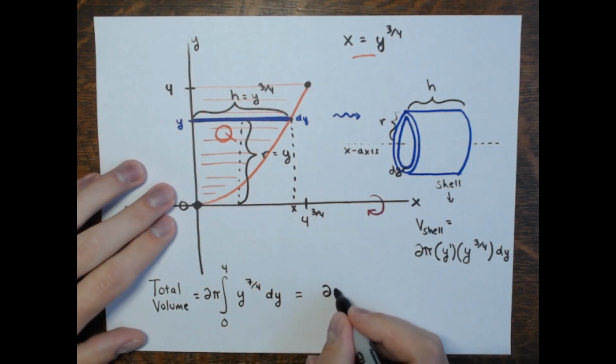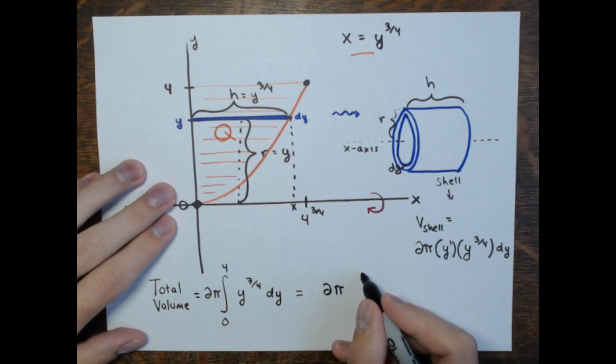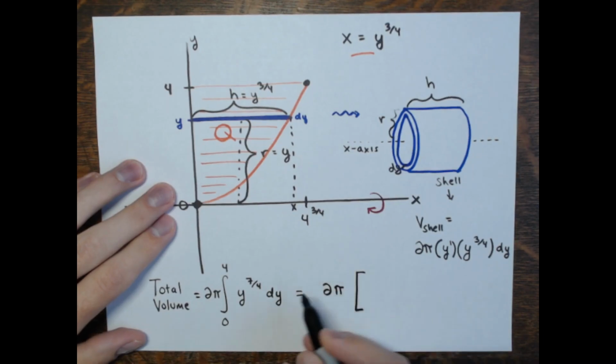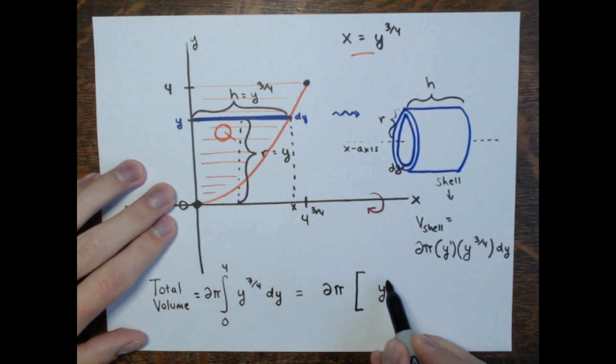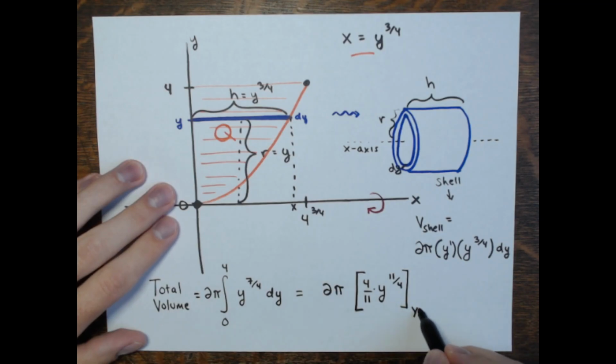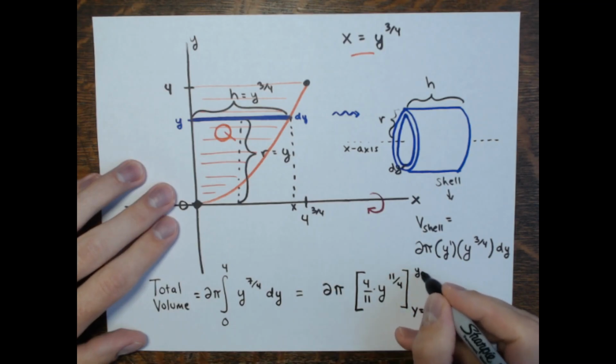So this is 2 pi times, and then y to the 7/4, I would add 4/4, make that y to the 11/4, and then times 4/11. Times the reciprocal of the new power, and that's it. And there's only this one constant multiple here. I can pull that out. We're going from y equals 0 to y equals 4.